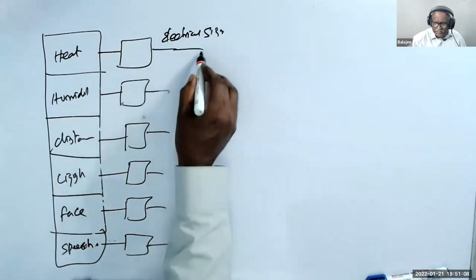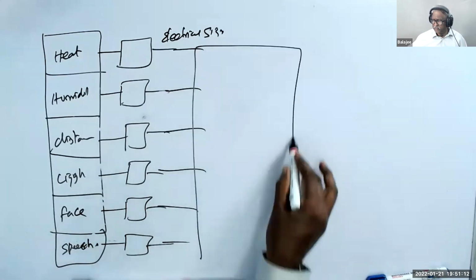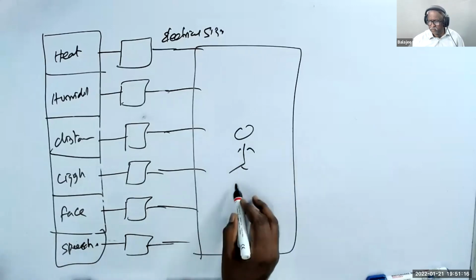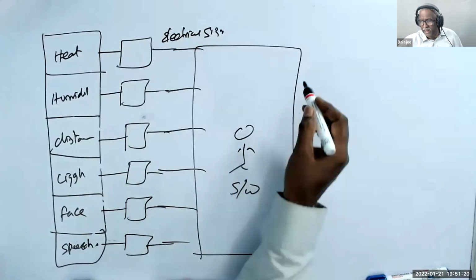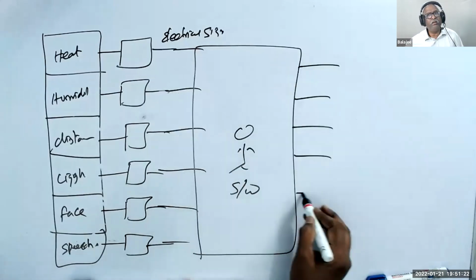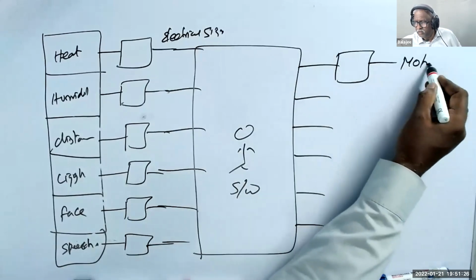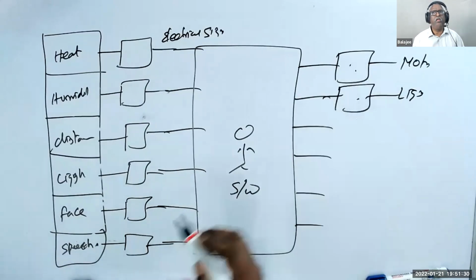Now this electrical signal goes into my electronics. There I write software to process it. Then I give it back as electrical. That I convert to a motor. Then I convert it to light. There'll be a converter.